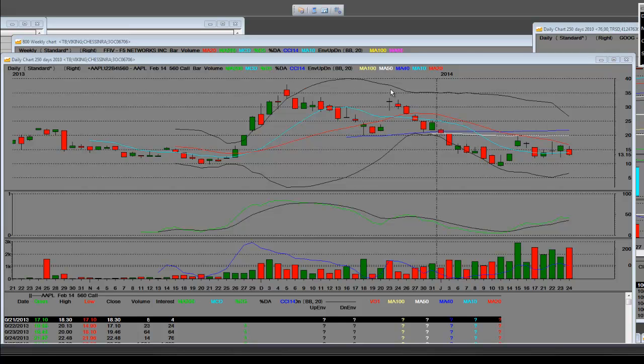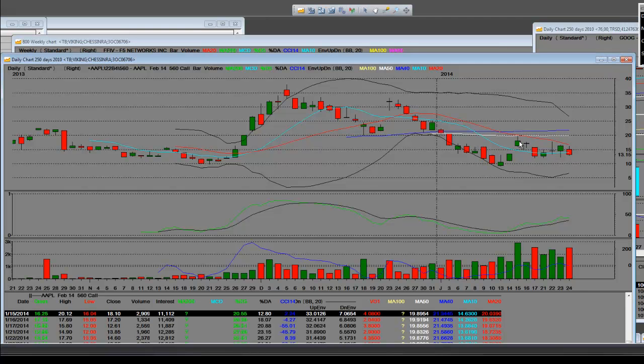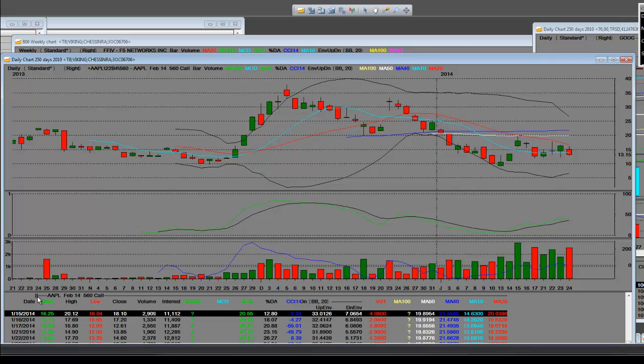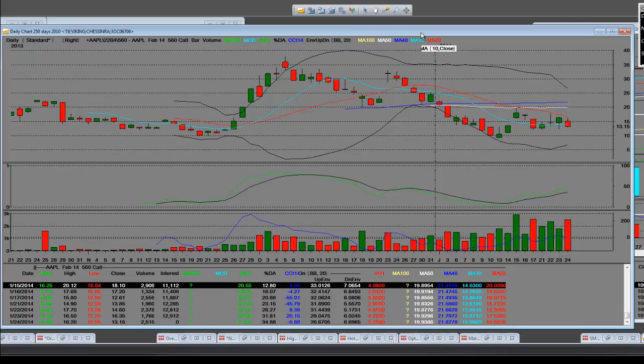Remember, the call prices at certain strike prices all look the same, and that this 560 call, where the open interest at that time was 11,000, there was 2,900 traded, and that happened to have been right over on 115 calendar 2014 as far as the 560 call.